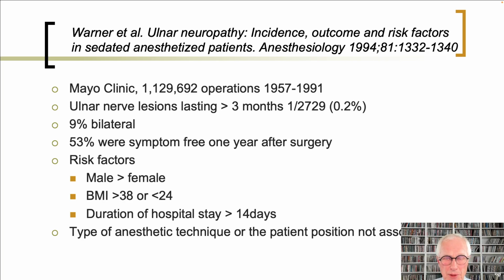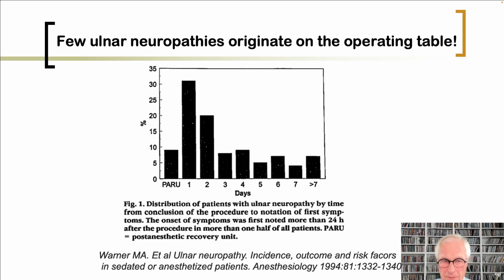The risk factors in their study: it was more common in men than women, and extreme obesity and very lean persons were at risk as well. And if you were seriously ill and your hospital stay lasted longer than 2 weeks, you were also at risk. And here we see, when did the ulnar neuropathy start?